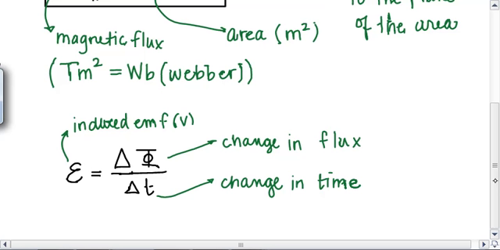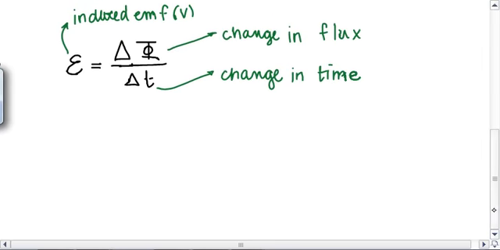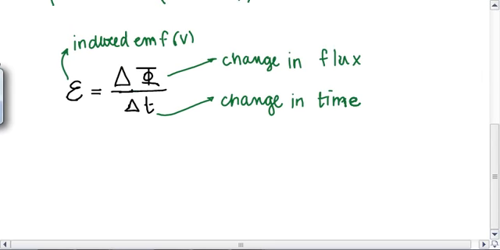And now we can have a change in flux by changing just about any of those variables, one or more of them, and we've got a change in magnetic flux. So if our magnetic flux is BA cos theta, we can change the magnetic field strength. We can change the area, so we could have a change in flux by changing the area.